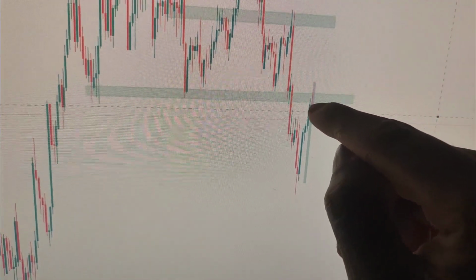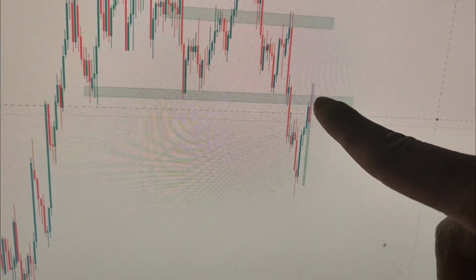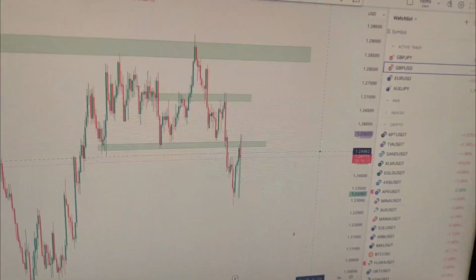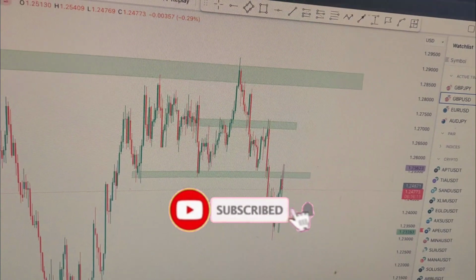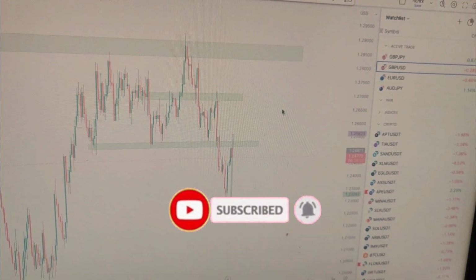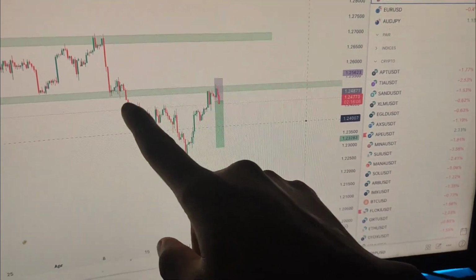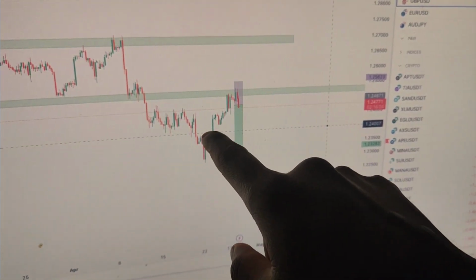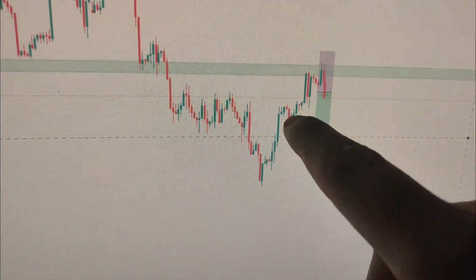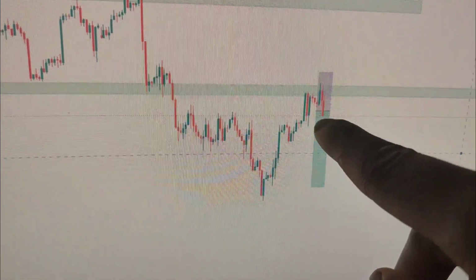Here is the third rejection. So I'm expecting it to push back down to this zone. It's a simple strategy. Let's go to the 4 hours. When you see this 4 hours, it's still rejecting that support, and it went up here to make a double top, an M pattern.